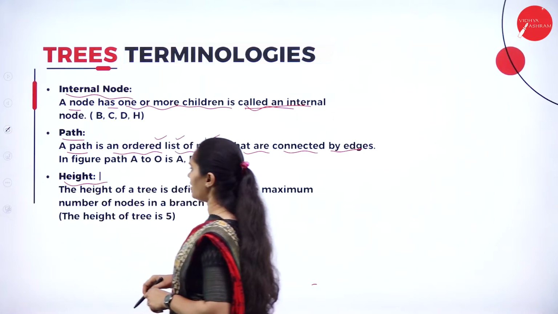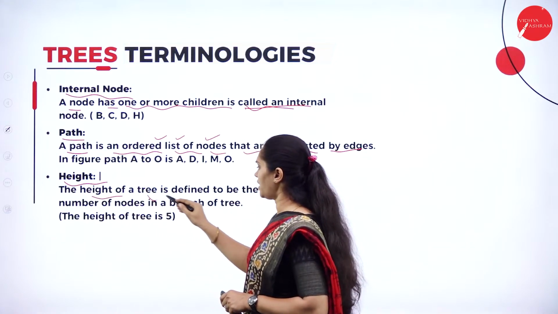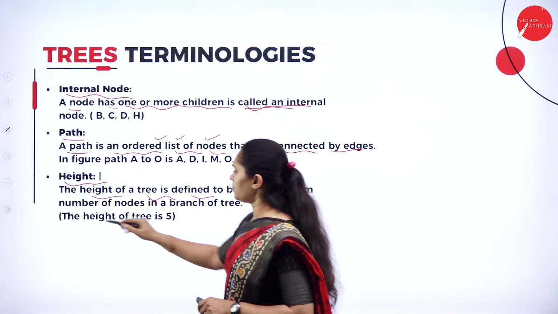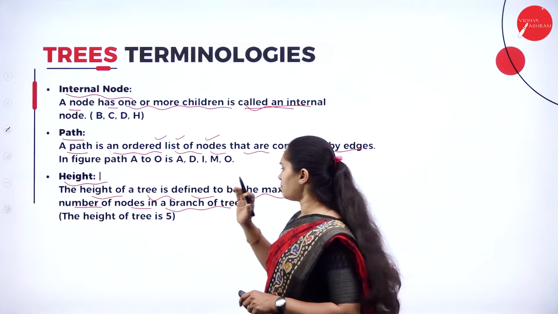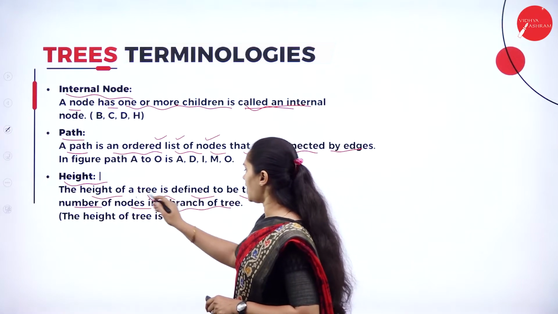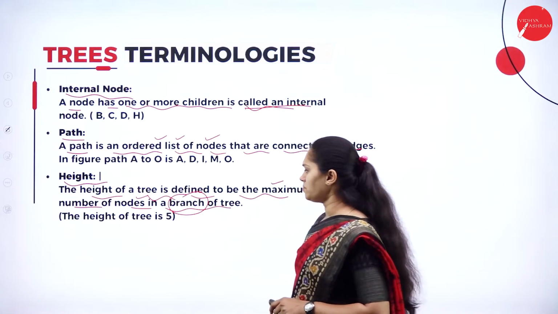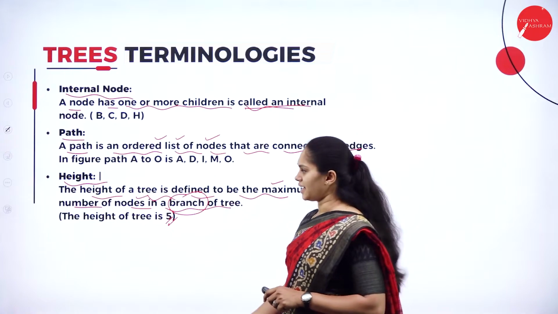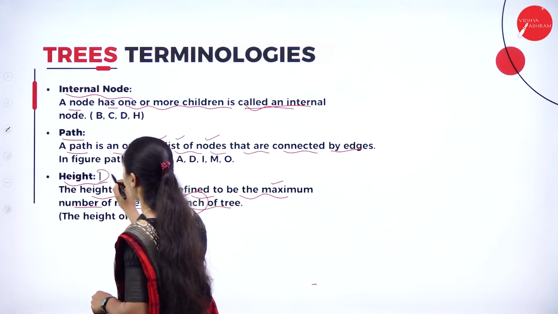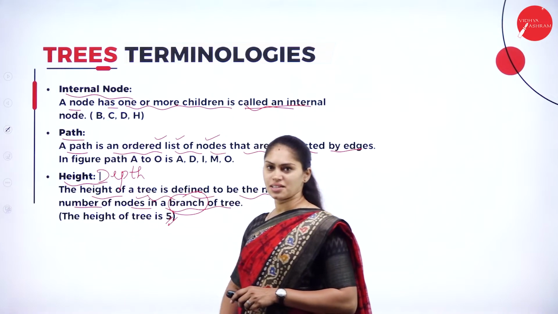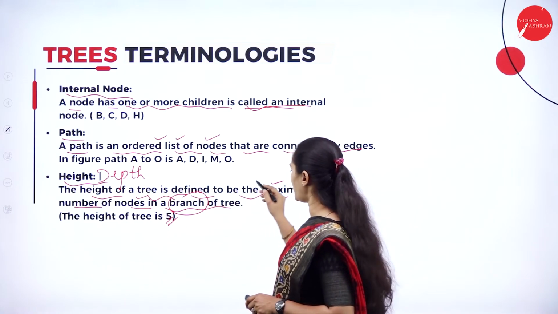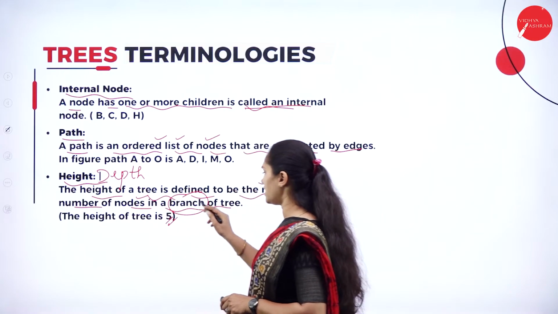What do we have next? Height. So what do you mean by height here? The height of a tree is defined to be the maximum number of nodes in a branch of a tree. So the maximum number of nodes that we have in a branch of a tree will be considered as height. And we are also going to call height as depth. What is another name for height? That is depth. That mainly specifies the maximum number of nodes in a branch.